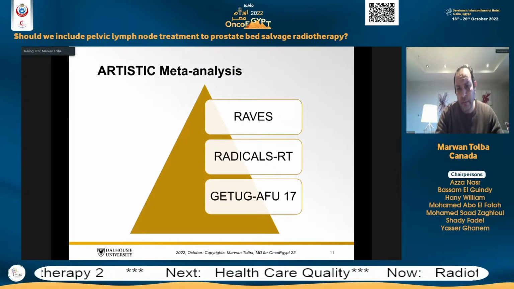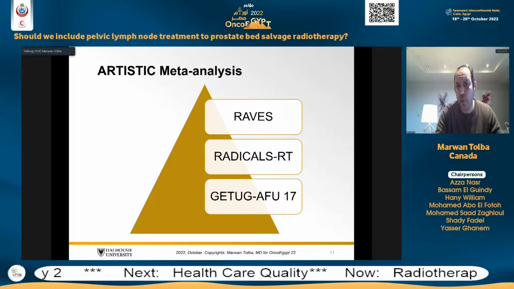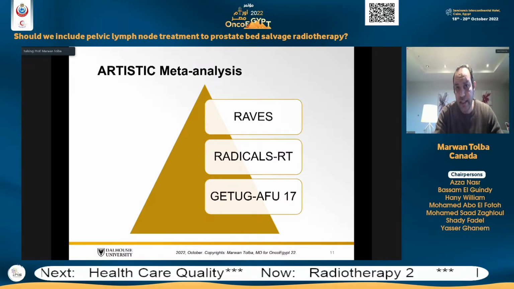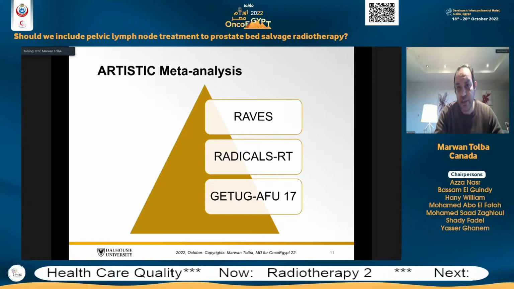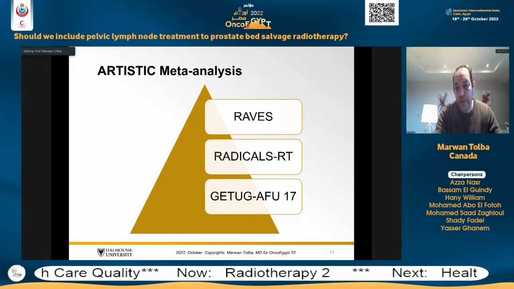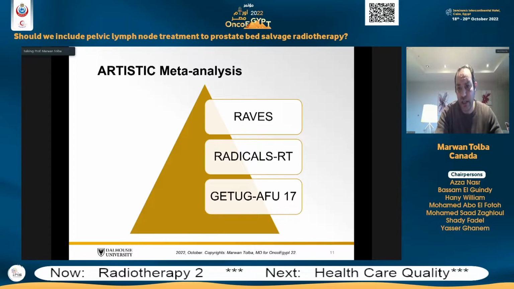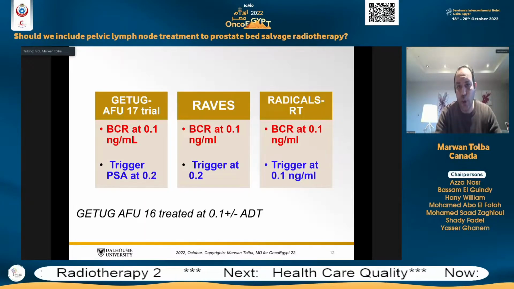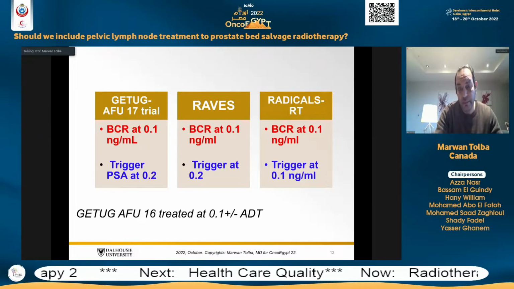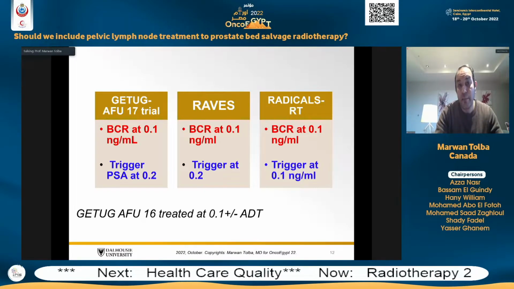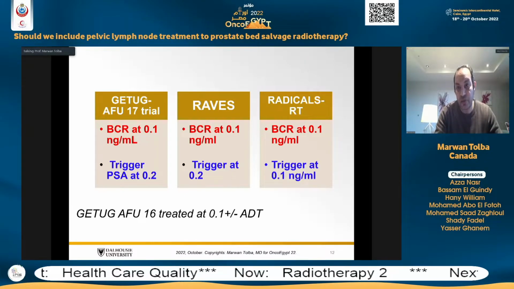When we see this, we ask where we get these values. Actually, there is a meta-analysis that compared adjuvant versus salvage. I will not go into the details, but they did the meta-analysis for three trials: the RAVES trial, the RADICALS-RT trial, and the GETUG-AFU 17 trial. All three trials define the biochemical failure at 0.1 nanogram per milliliter, but the triggering value for treatment was different between the three trials.